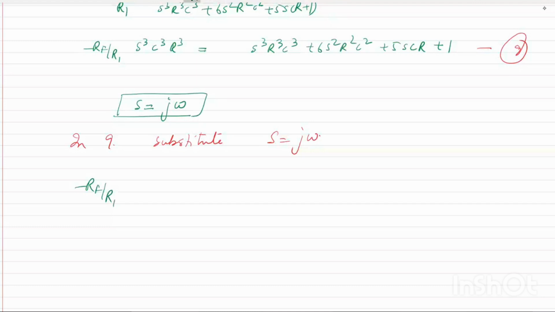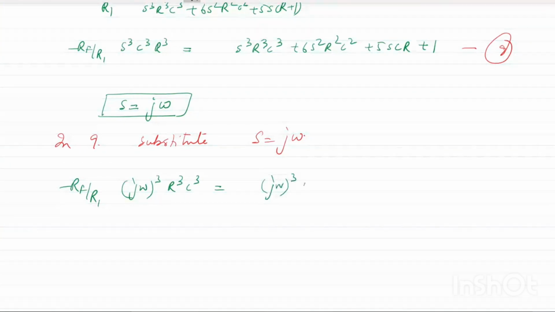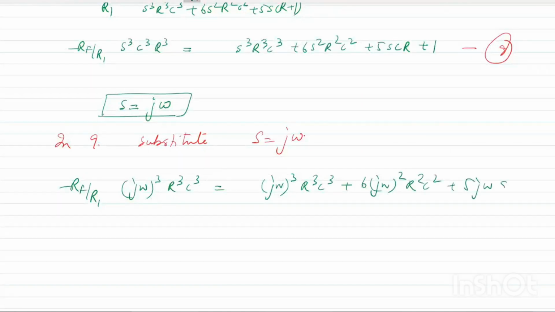Minus RF upon R1 j omega cube R cube C cube. Okay, I'm getting in the left hand side. Right hand side also I'll put j omega cube R cube C cube plus 6 j omega square R square C square plus 5 j omega RC plus 1. Now why I'm putting this?